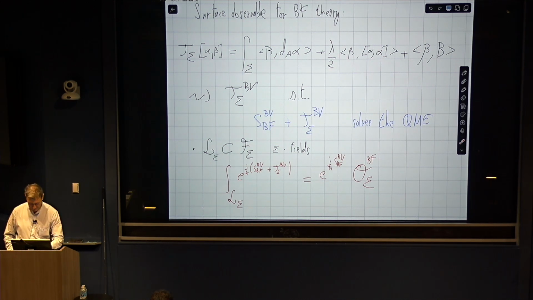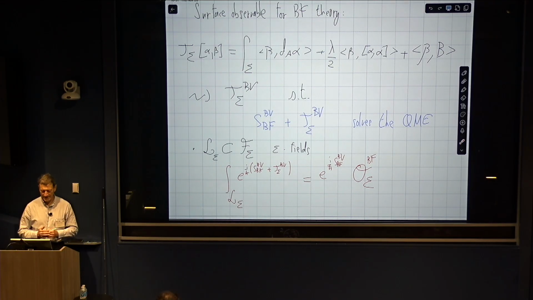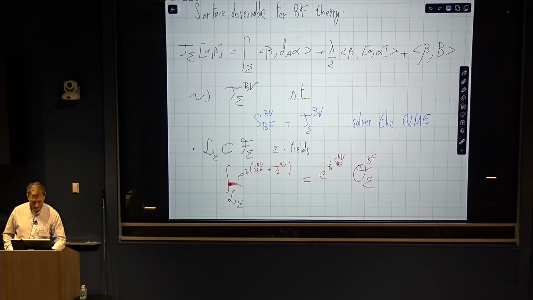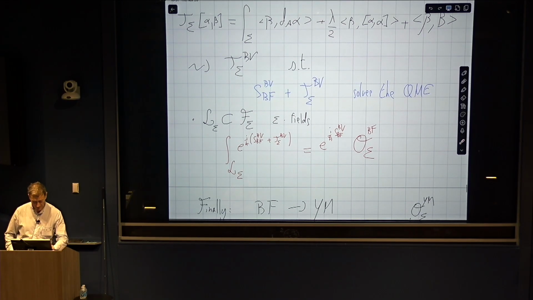This BV action satisfies the quantum master equation by itself, but you want also the sum to satisfy it, which means you can consider this as a new action on the total space of fields. When you now choose a Lagrangian submanifold on the space of fields for the surface observables, you get some effective action, which you can rewrite this way, because there is some summand in this action here.